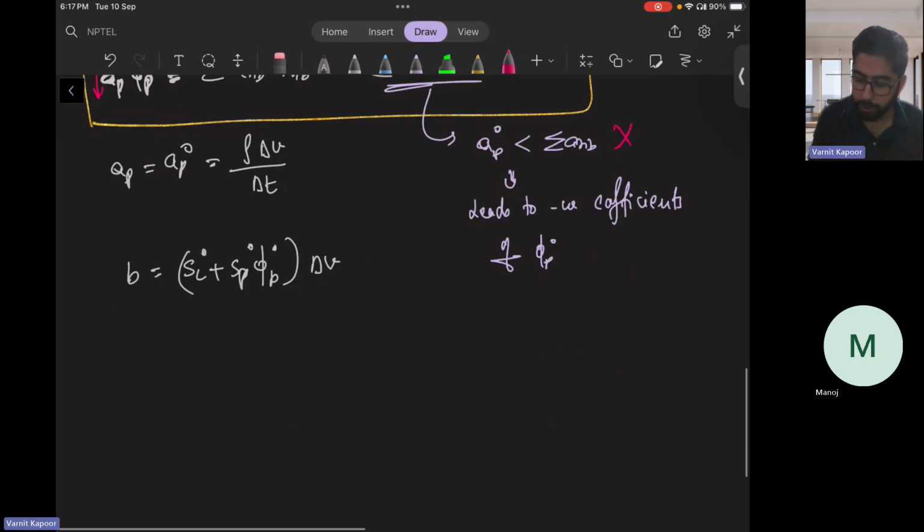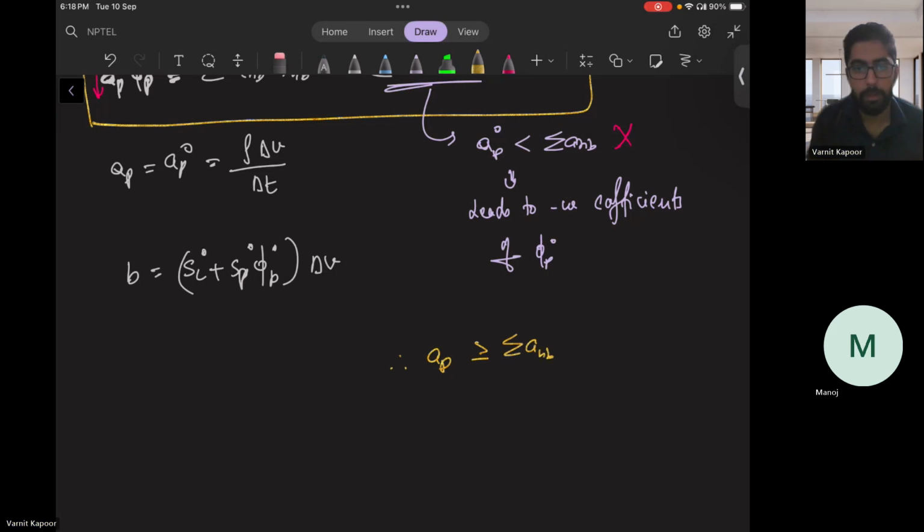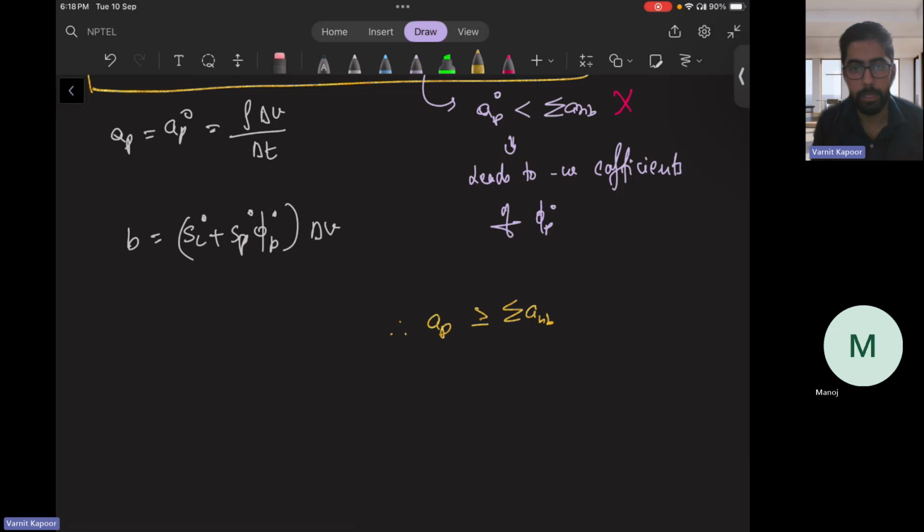Therefore, ap should always be greater than or equal to the summation of a and b.